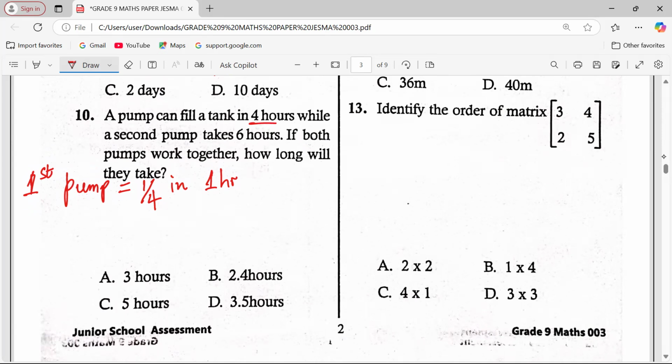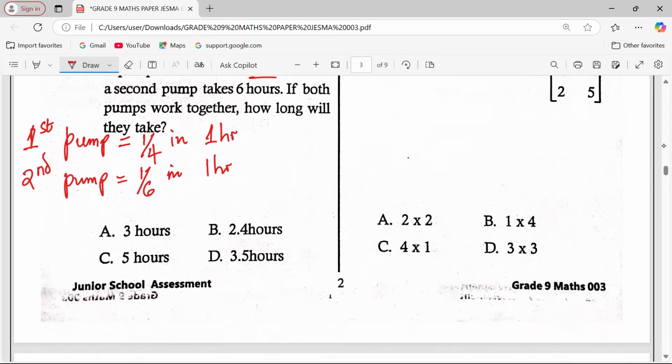Then finally, a quarter. And the second one, which is taking 6 hours, which is now the second pump, it means that this pump is working at a rate of 1 out of 6 of the tank in 1 hour. Yeah, 1 over 6 of the tank in 1 hour when working alone.